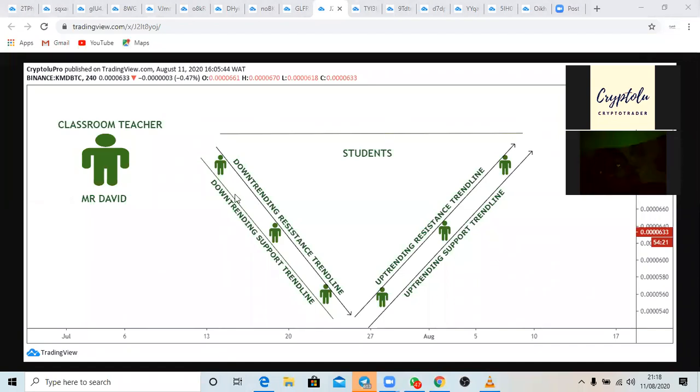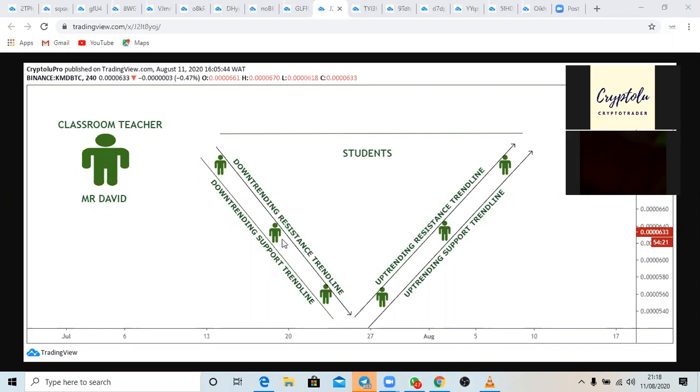If you notice what happened there, when the teacher placed the first one here, he placed the second one here, he placed the third one on the same line, but he placed the fourth one outside of that line. What happened there? That means the fourth student broke out of this trend line here, this downtrending resistance trend line.